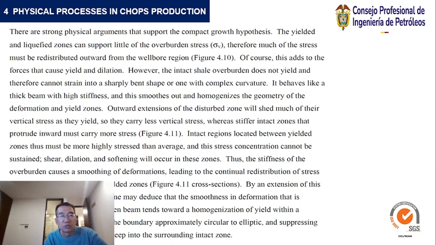There are strong physical arguments that support the compact growth process. The yielded and liquefied zone can support little of the overburden stress. Therefore, much of the stress must be redistributed outward from the yielded region.